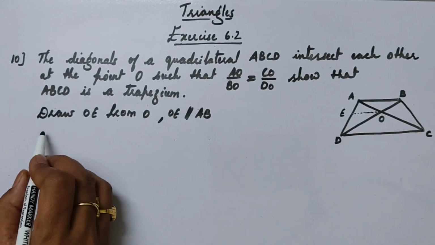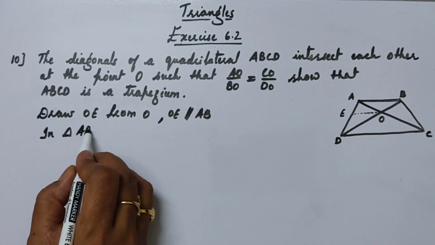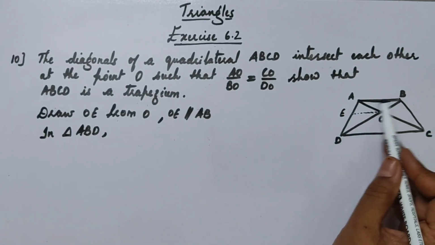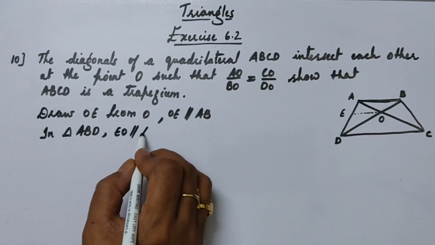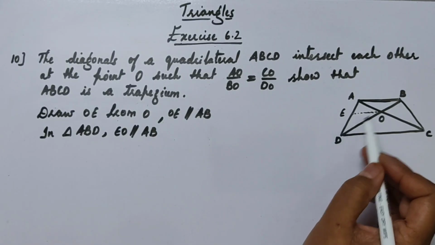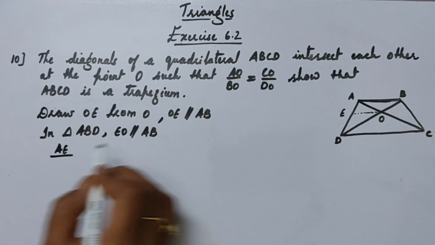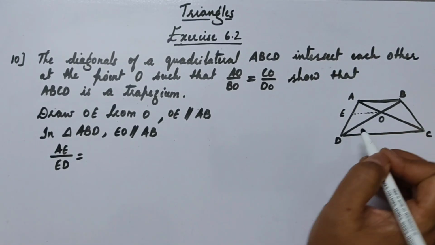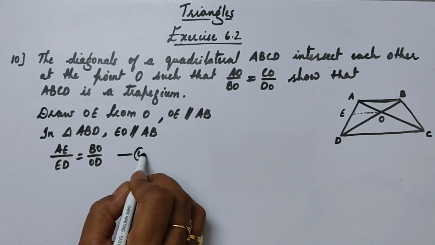Now let me consider the triangle ABD. ABD is a triangle, and EO is parallel to the side AB, students. So when this is parallel, I can say that AE by ED equals BO by OD. Okay, this is 1.